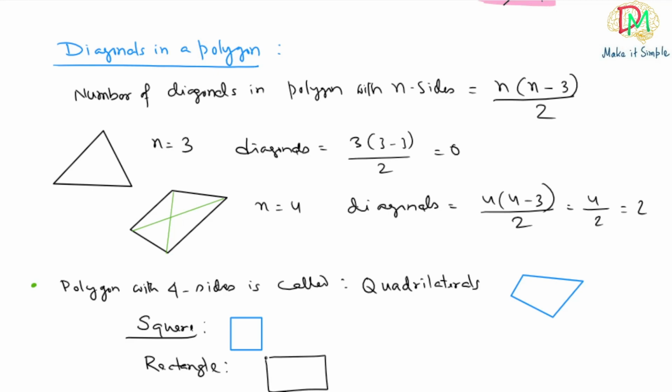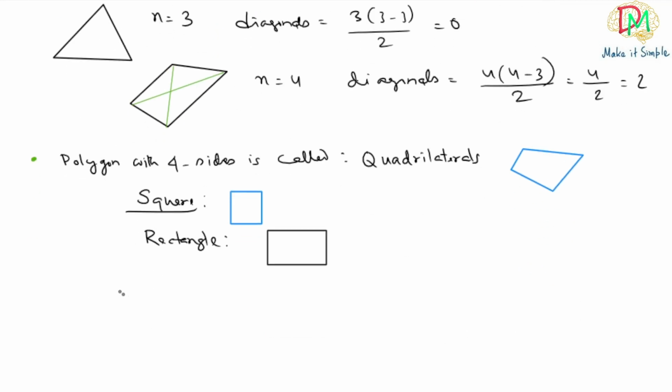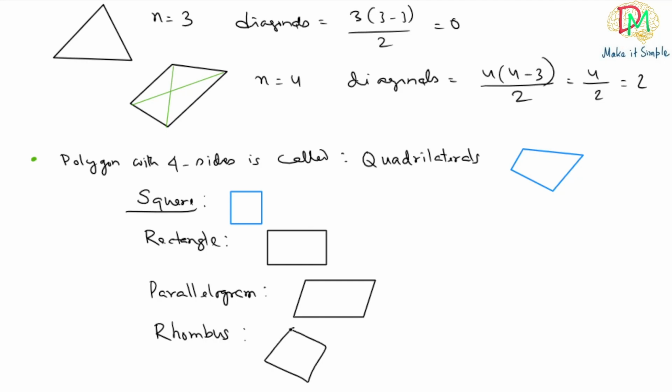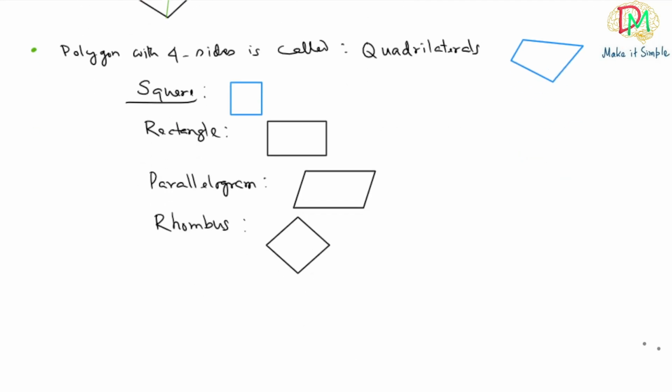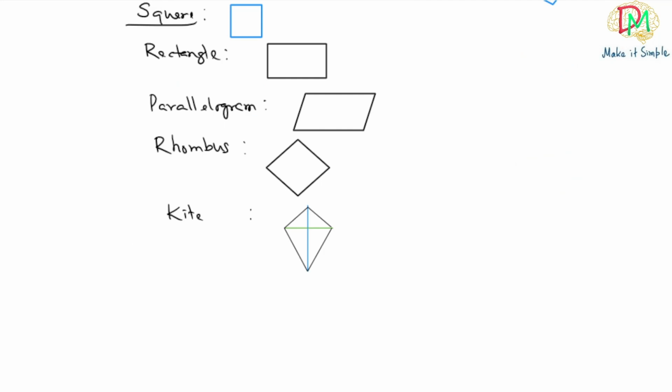Next is rectangle. Next is parallelogram. Next is rhombus. Next is kite. Next is trapezium. This is an example of a trapezium.